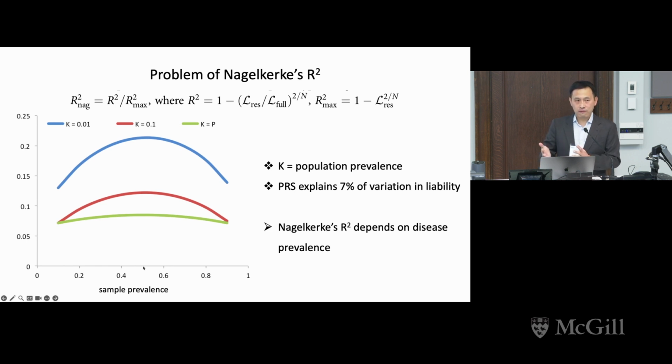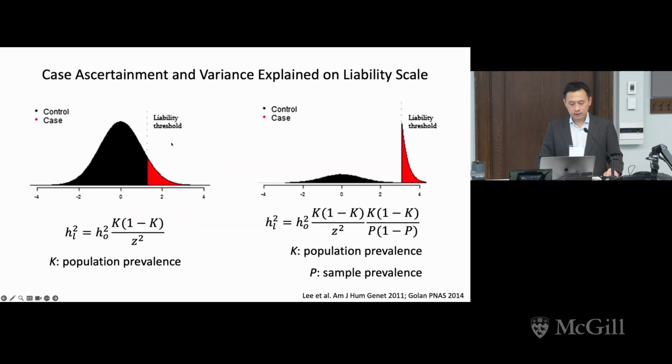If you have half of the sample as cases, this is what you would estimate as heritability, and you would probably get a heritability of 20-something percent, while the true heritability is only 7%. The reason is you are actually biasing the curve. This is the distribution of genetic risk for your population, a perfect bell-shaped curve, which is expected.